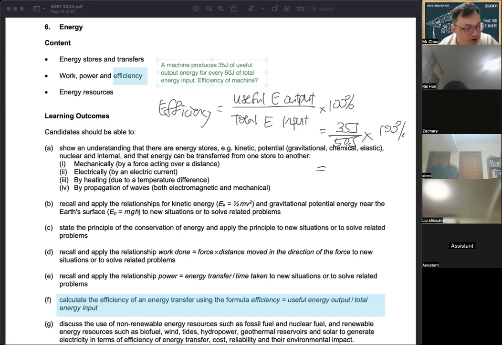Efficiency is not in joule. Okay, so the answer will be 70%. Is that clear?